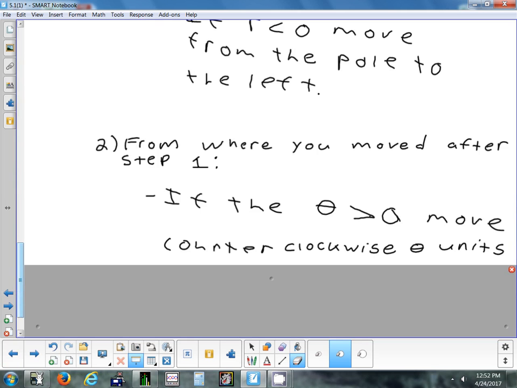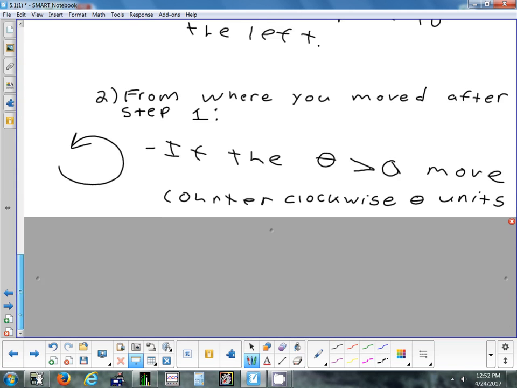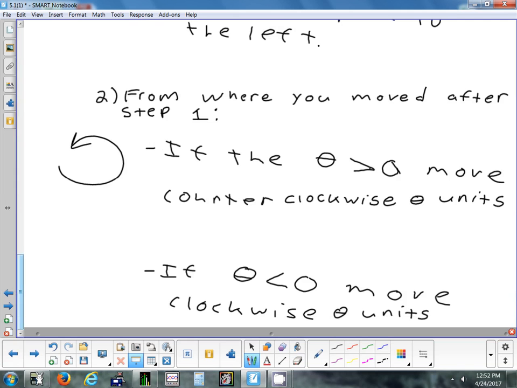If the angle is greater than 0, or positive, you're going to go counterclockwise. So positive angles, you move in this direction, counterclockwise. If the angles are negative, less than 0, then you go the other way.